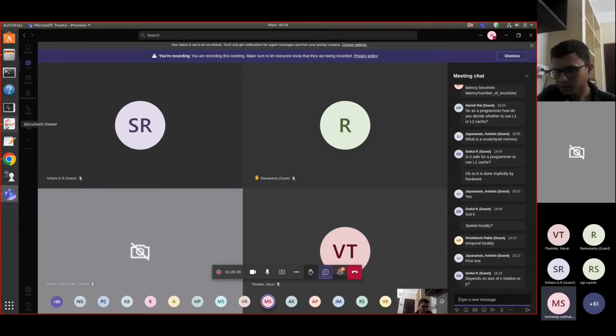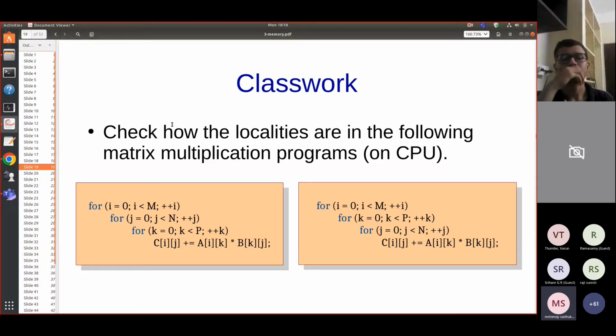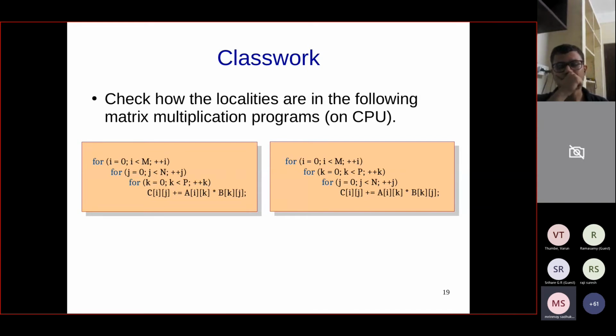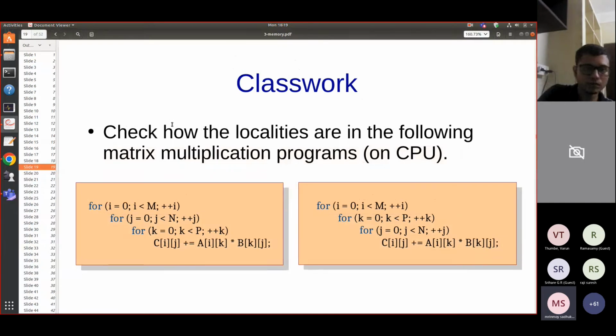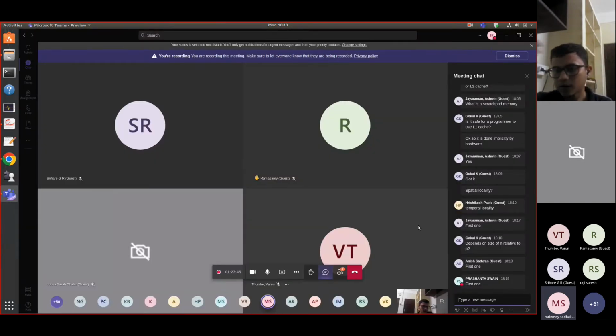Okay, someone says it depends on the size of n relative to p, and Anish and Prashant are saying the first one.